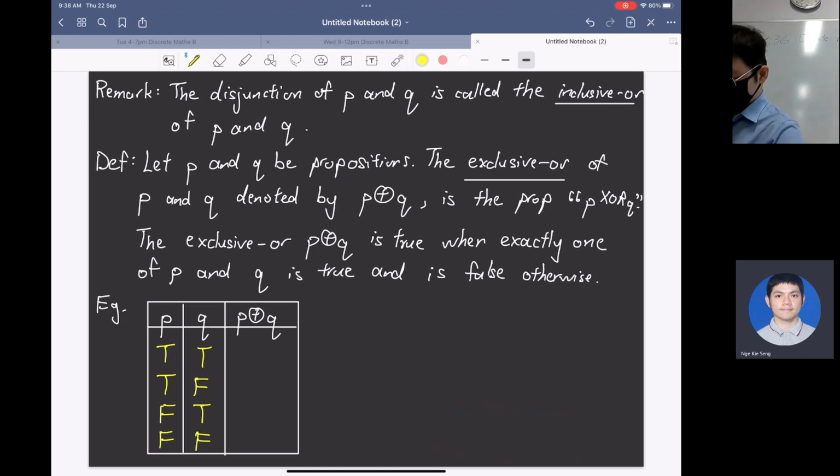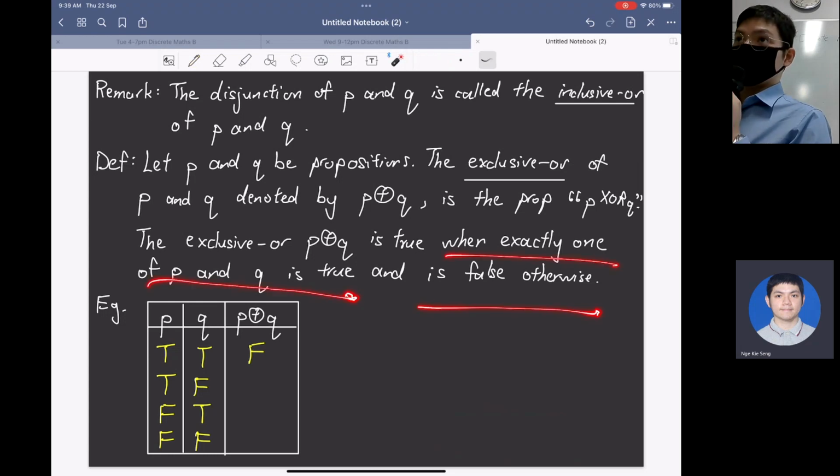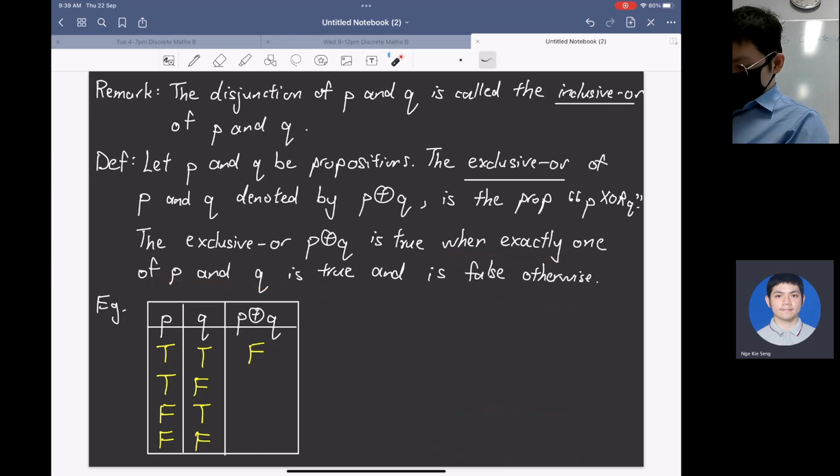So true P and true Q, P XOR Q gives you false, right? It's only true when exactly one of them is true, and false otherwise. True P and false Q, false P and true Q, false P, false Q.